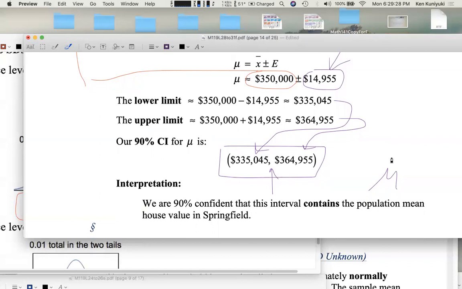And again, this interval is a bit wider than it would have been if we had used the z-distribution, because we're assuming that we don't know sigma, so we have to use S. We have to use t critical values, and that leads to a bigger margin of error, so this interval is more spread out.